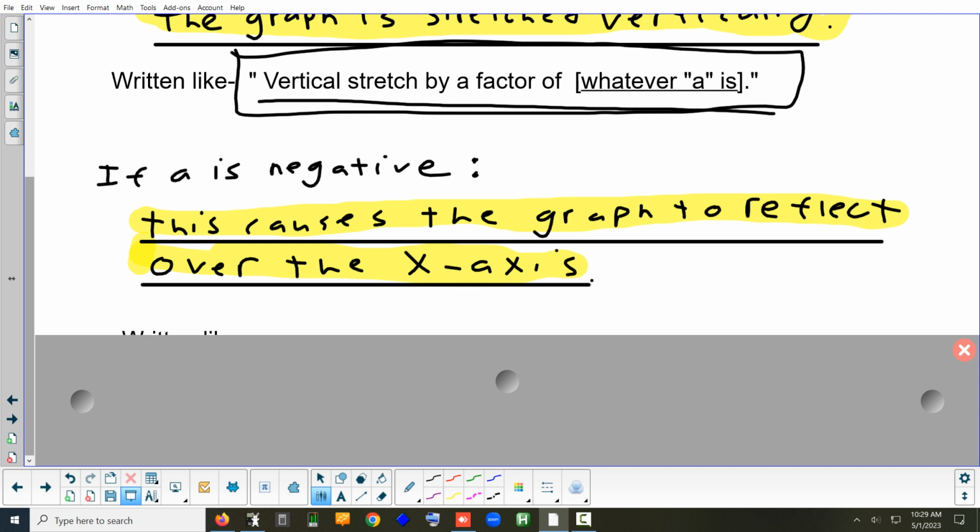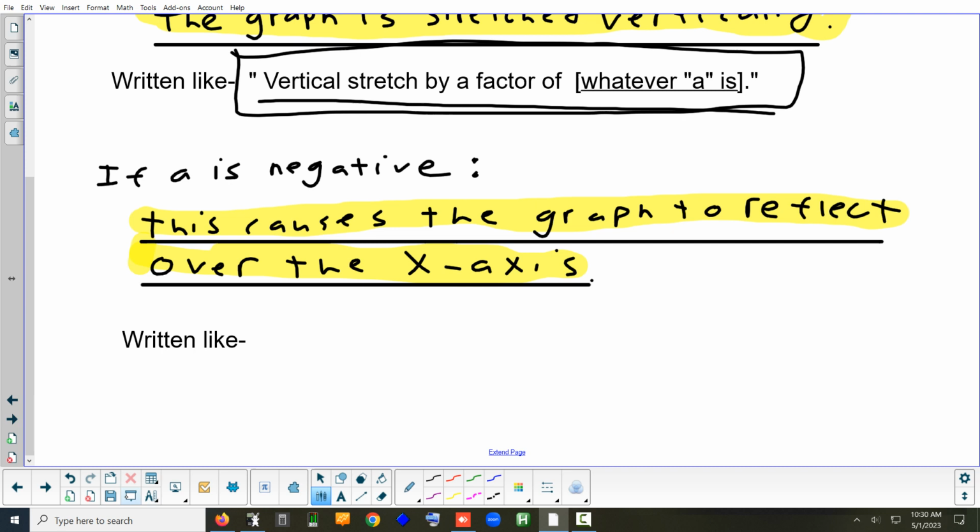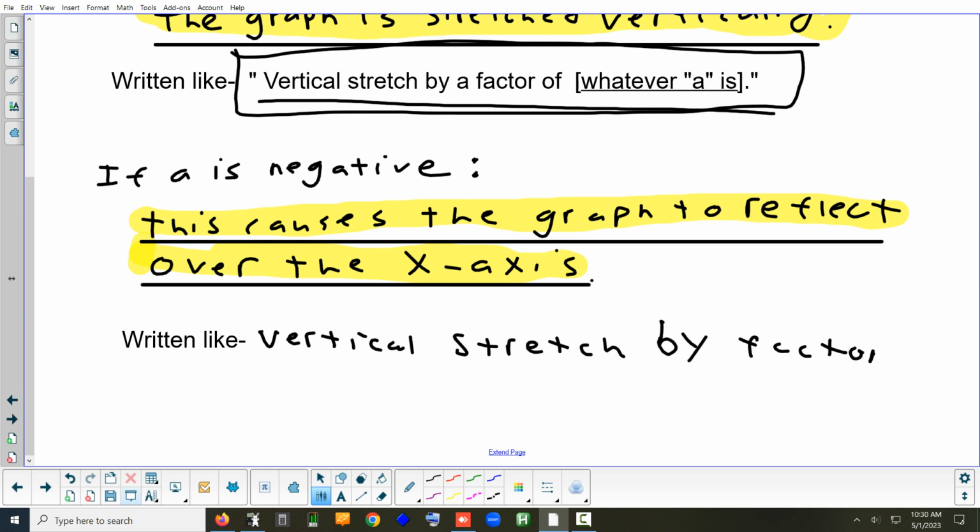So if you have a value that's negative for A, now you have to write 2 things. I'll show you what it is. Under the part where it says written like, you would say vertical stretch by a factor of A. So that part's the same as what you just did up above.